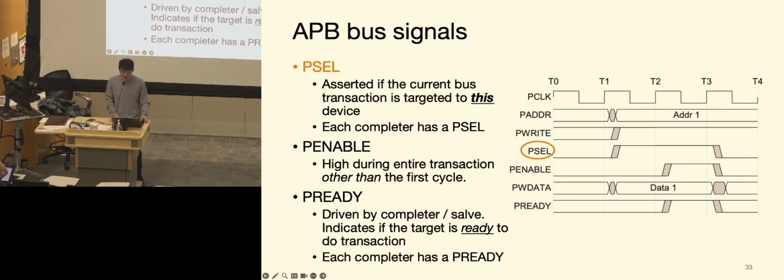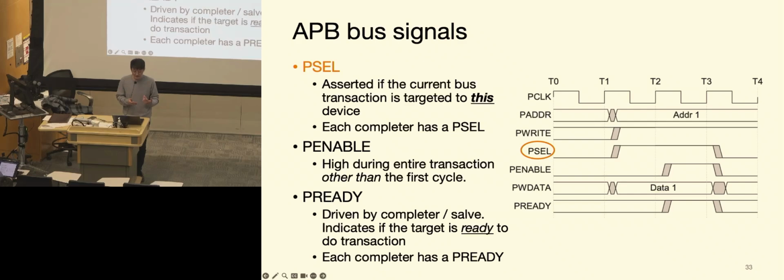It's the enable signal that indicates the start of a data phase. It's high during the entire transaction. That one, I believe, is shared with all the peripherals so that everyone knows something is happening and does not interfere. The p-ready is what we talked about before. Each completer, or slave, has its own p-ready, so that it knows the slave is ready to do the transaction or the instruction that's needed.